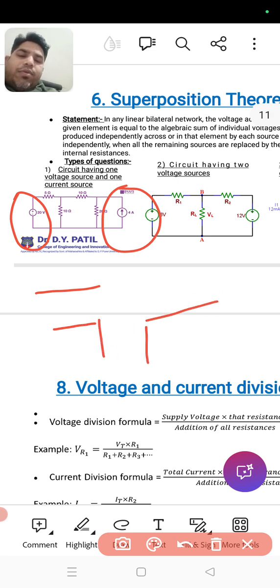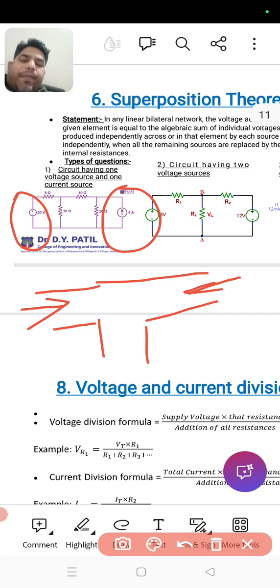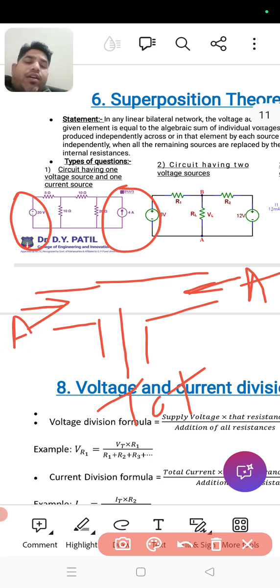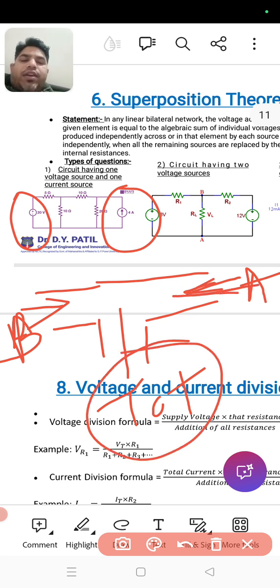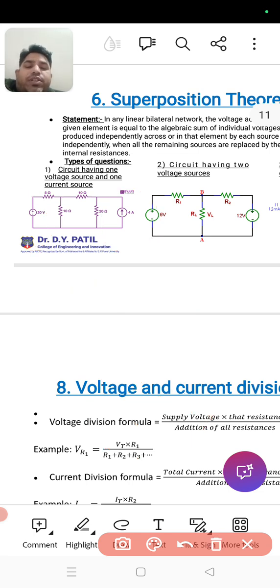It is like a pipe: some water comes from here, some water comes from here, and we get the total water here. It is a type A and a type B, but at the end we get the total water. The same concept we have to use in the superposition theorem.